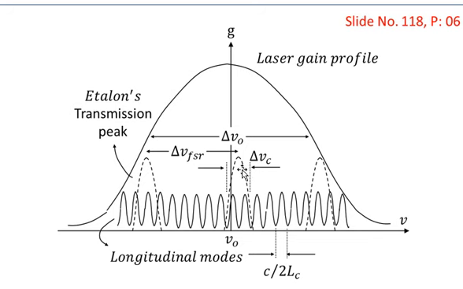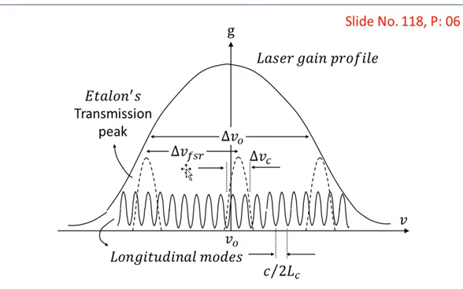So if a longitudinal mode lies within delta nu c, that is, within the transmission peak of the Etalon, it will be selected by the Etalon and it will oscillate within the laser cavity, and of course it will come out in the output of the laser beam also.